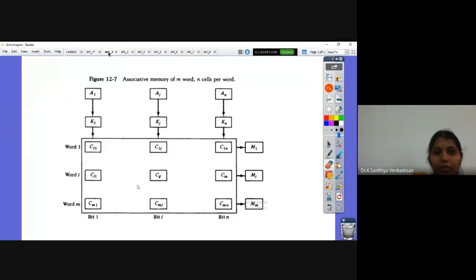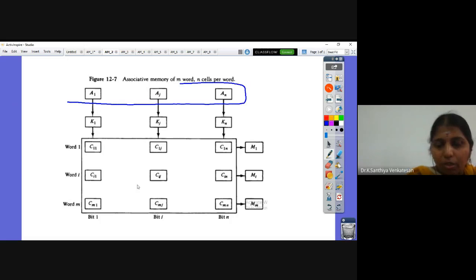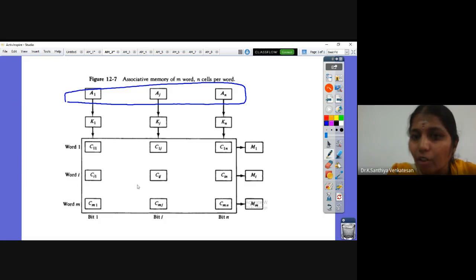Okay, ma'am. Yeah, this is again, yesterday itself I also explained, but still I want to repeat it because I want you people to understand it very clearly. See, Kana, say for example, this is my argument register, and the argument register contains a word.